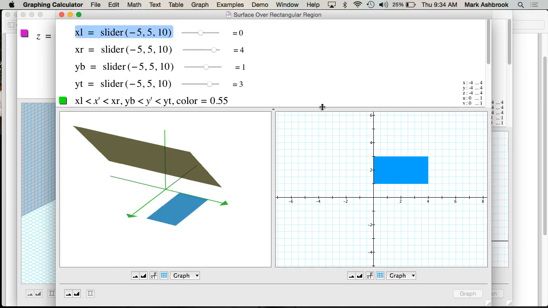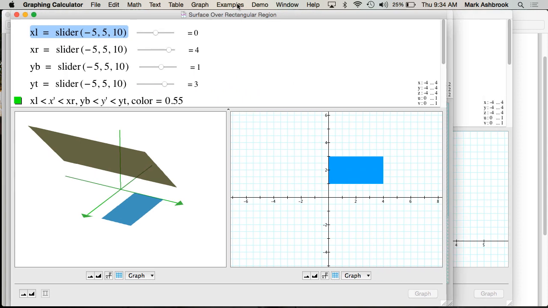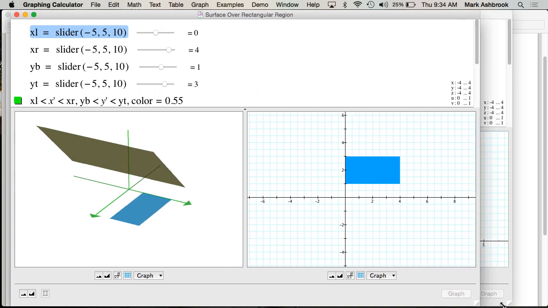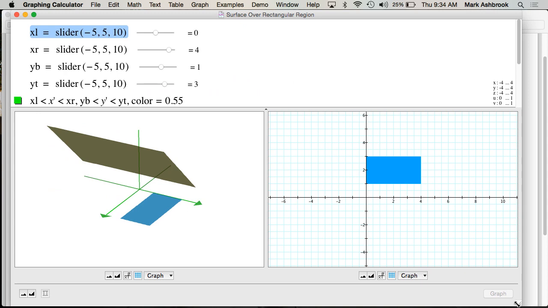Here I'm going to show the region in the xy plane on the right, and then everything in R3 on the left. So my region here is from 0 to 4 in x, and 1 to 3 in y.